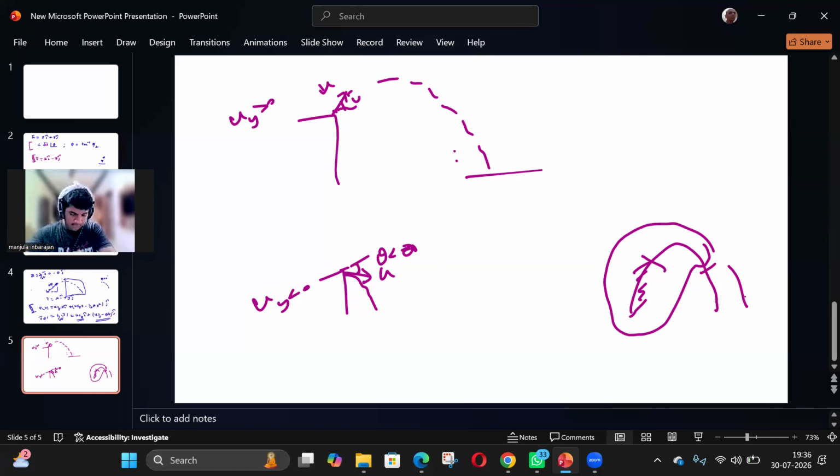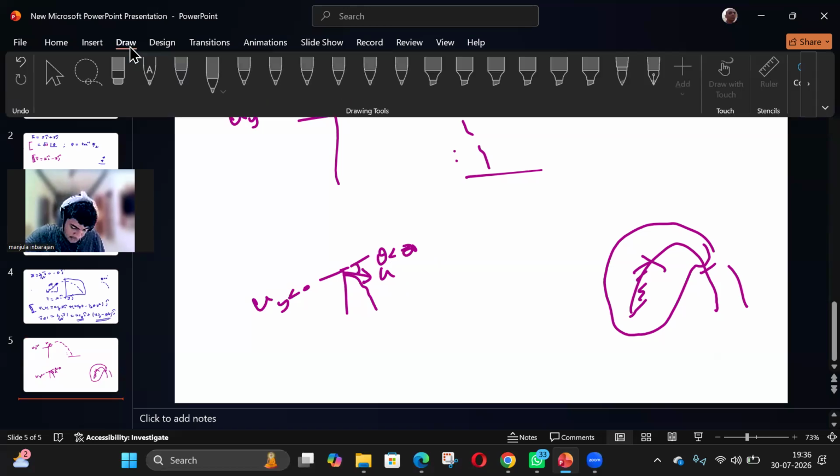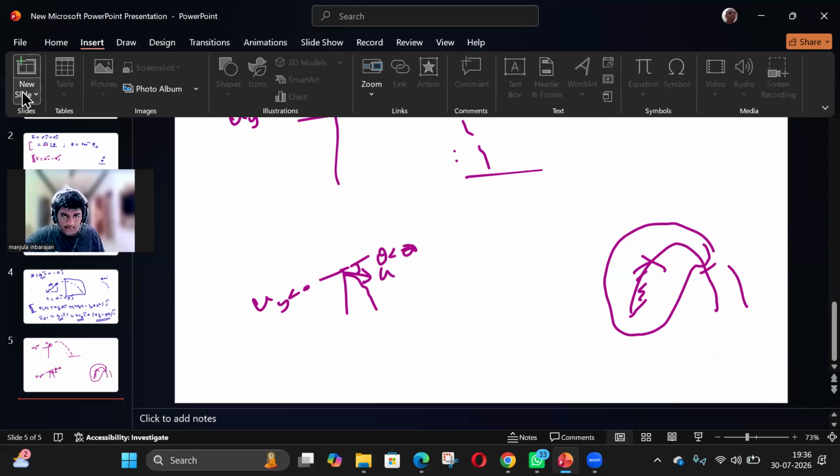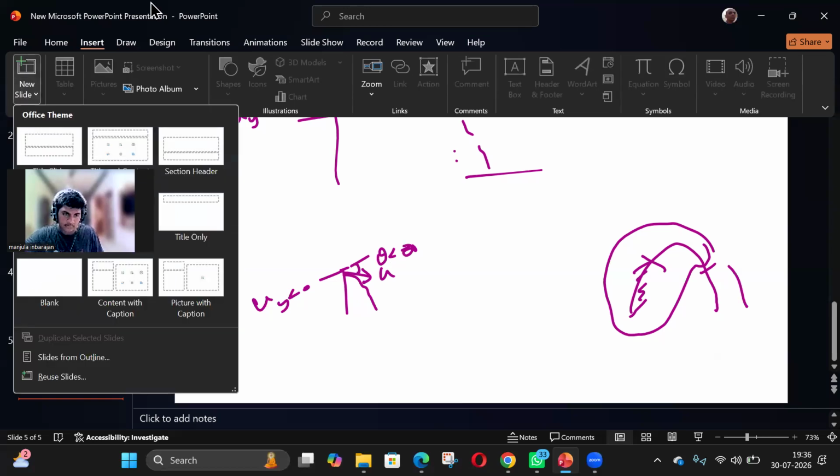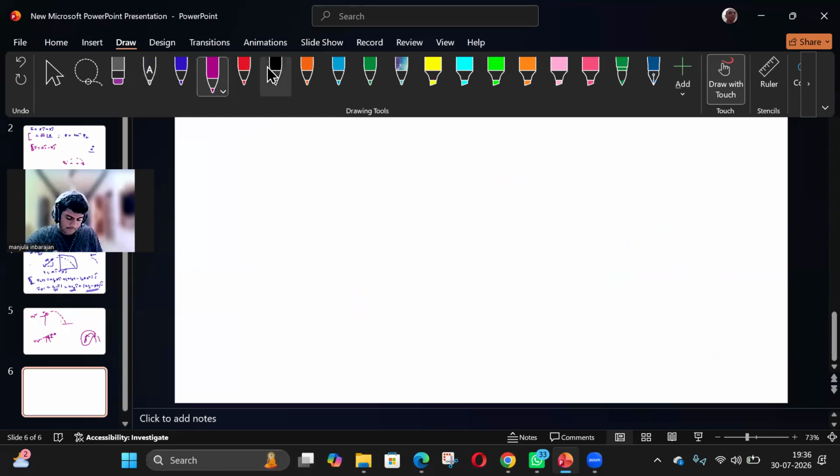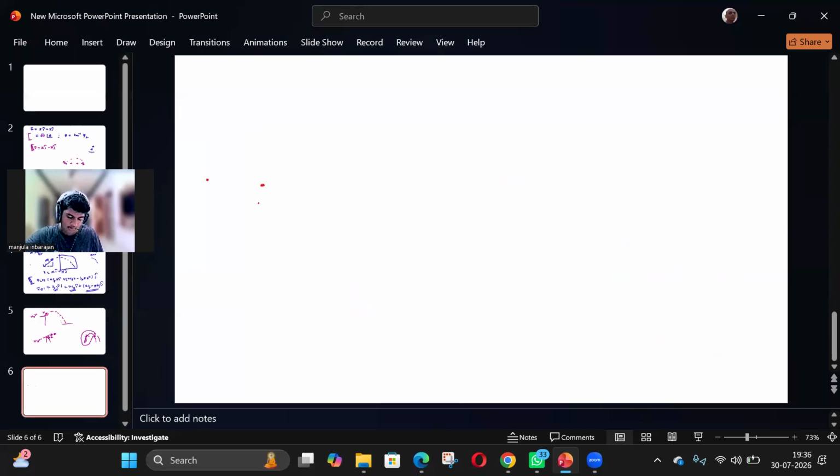So this is throwing from a height, looking up or looking down. The next one is the inclined plane. This is horizontal.